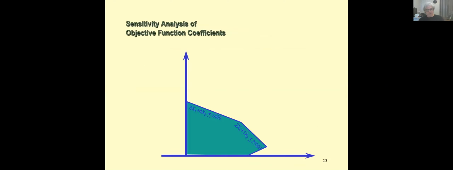Look at the picture. This is the feasible region for our production problem that we did before. There are constraints. This is, for example, a production time constraint, and this is the plastic availability constraint. The green area here is the feasible region. This is where you should look for the optimal solution because all the constraints are satisfied.